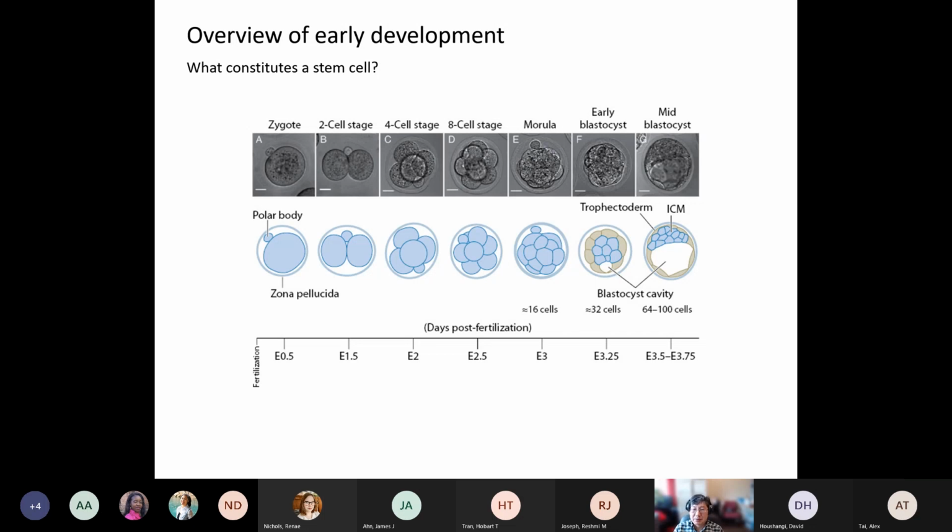Probably there is no way, not as for now, to isolate those cells and put them in culture to show that they can self-renew. And of course, they can differentiate. Eventually, they are going to give an individual. Of course, they can develop. But to show self-renewal, it's not that easy for these cells.